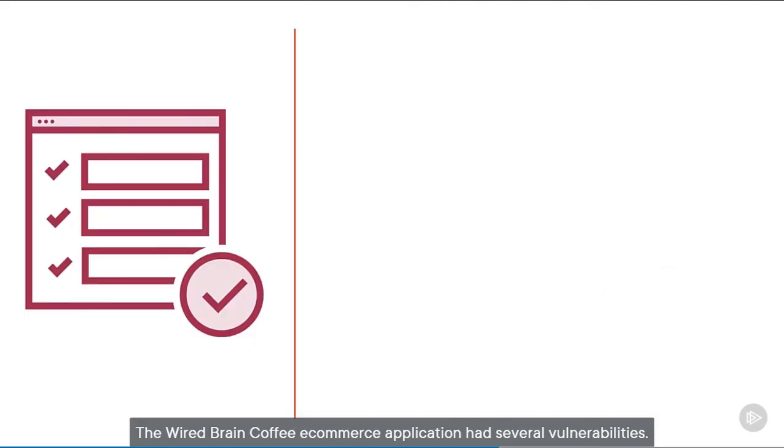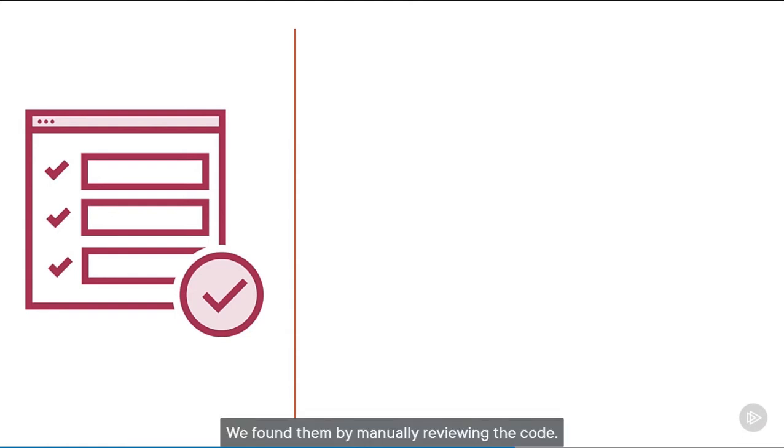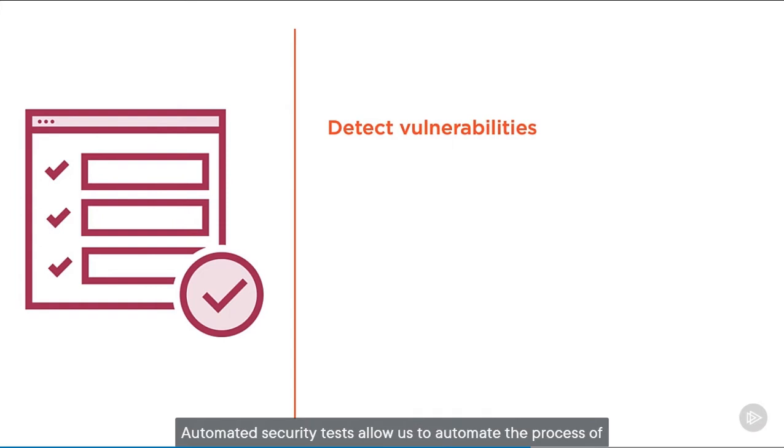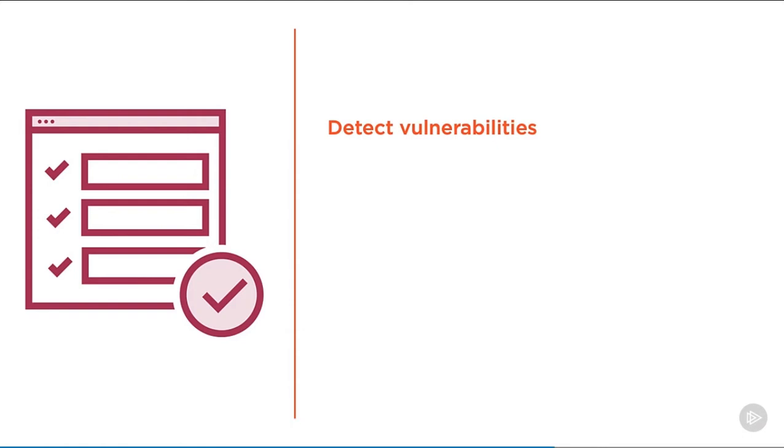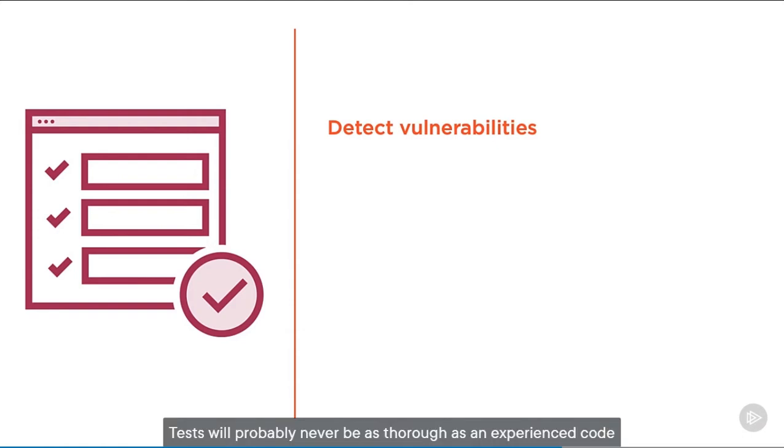The Wired Brain Coffee e-commerce application had several vulnerabilities. We found them by manually reviewing the code. Automated security tests allow us to automate the process of detecting security vulnerabilities in the code. Tests will probably never be as thorough as an experienced code reviewer, but they can simplify the process.